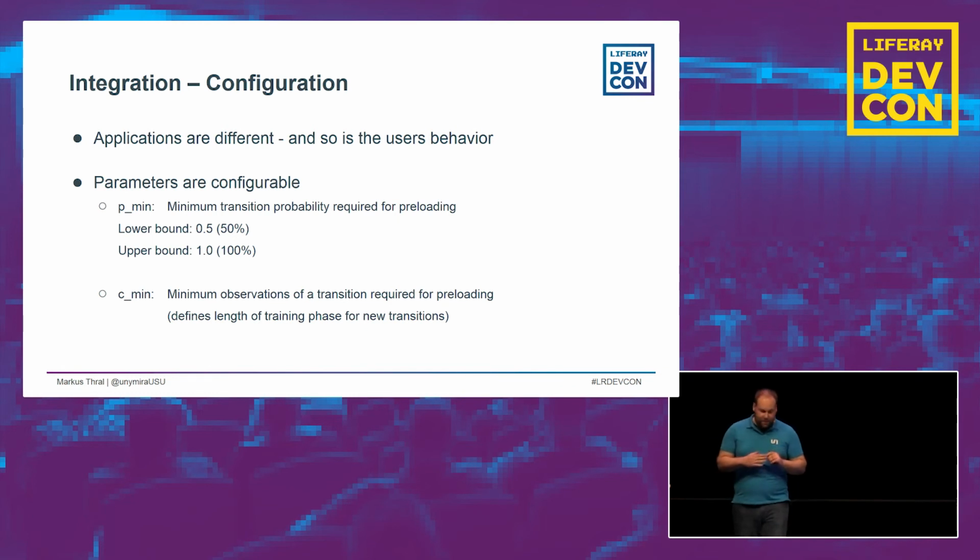It says a new transition has to be observed, for example, X times before the new transition is preloaded. So it defines the length of the training phase. Okay, the question is now, how do you set these parameters correctly? I will address that later.